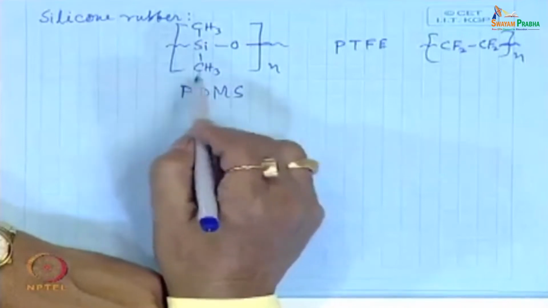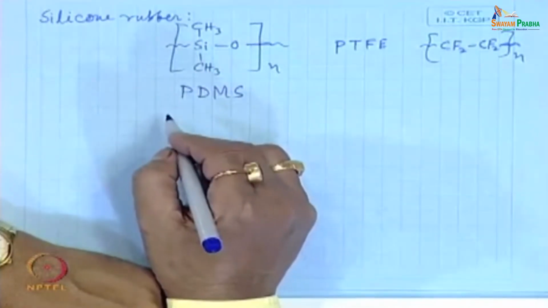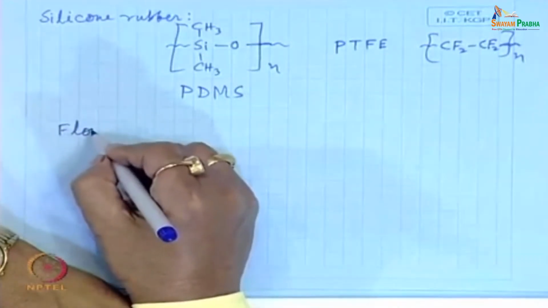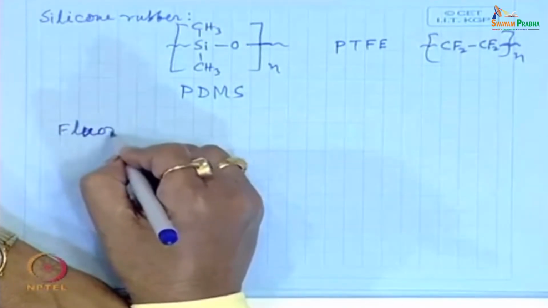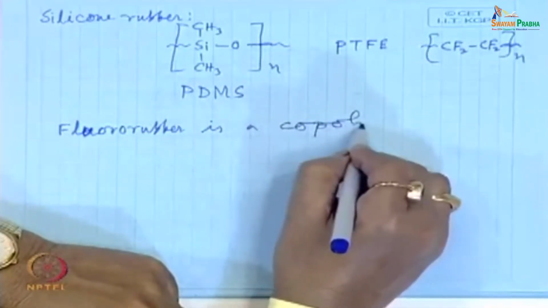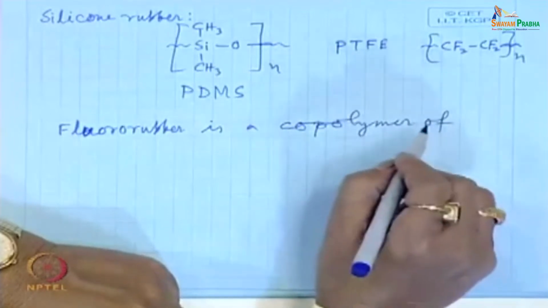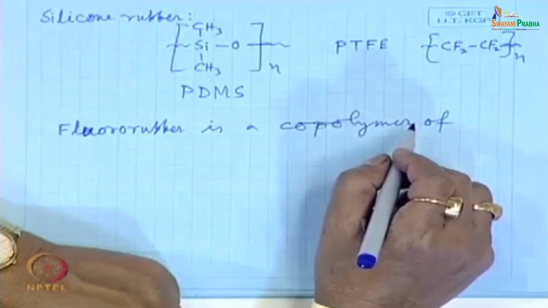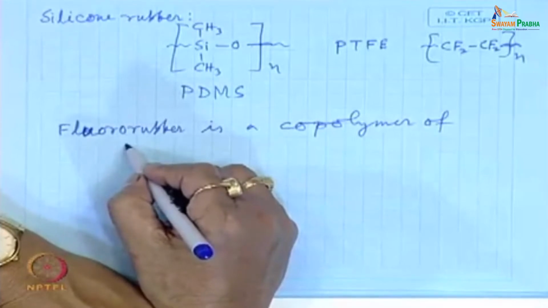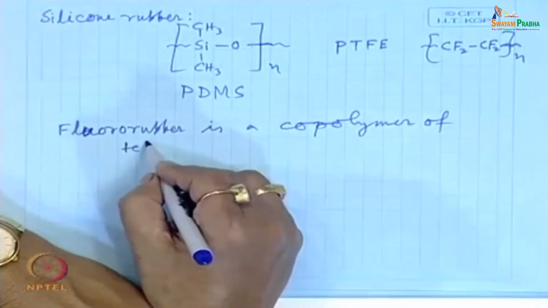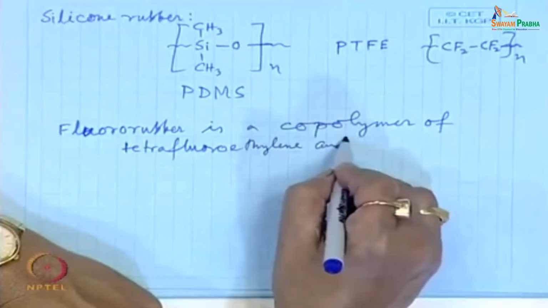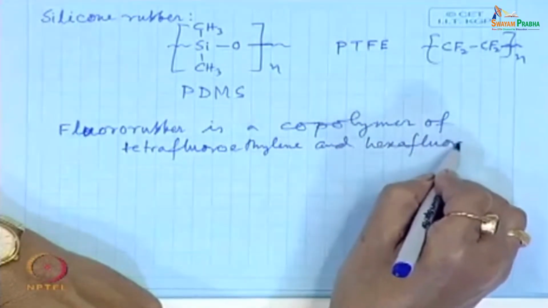Fluororubber, say fluororubber is a copolymer of say tetrafluoroethylene and hexafluoropropylene.